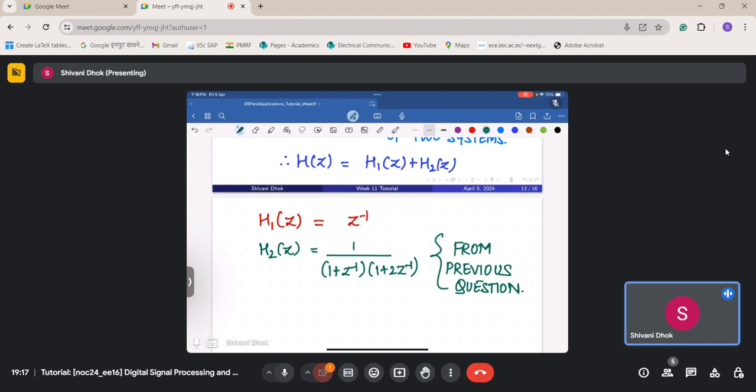And we know that H of Z is equal to H1 of Z plus H2 of Z.